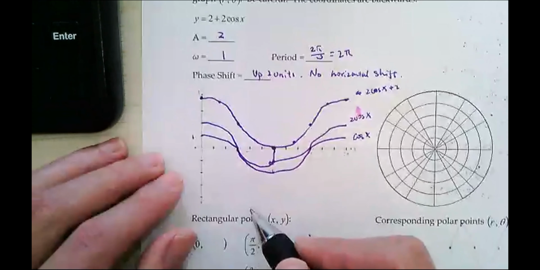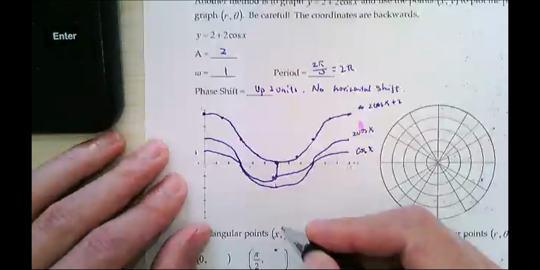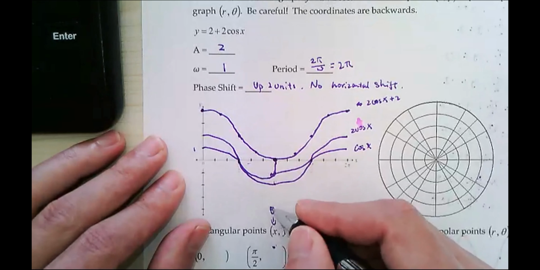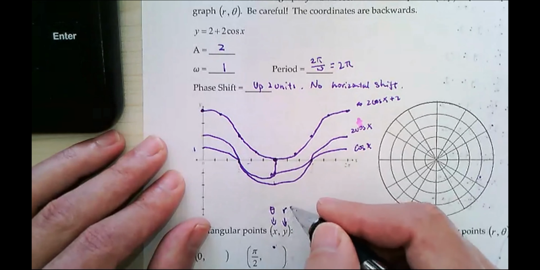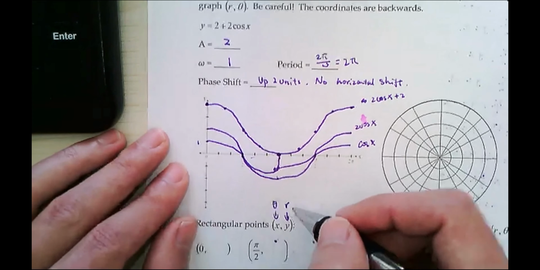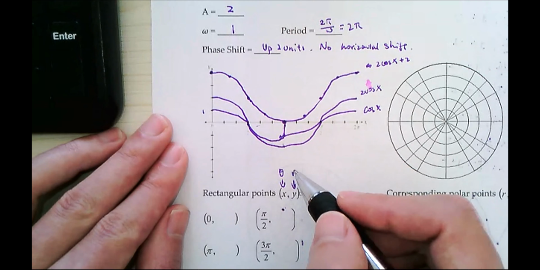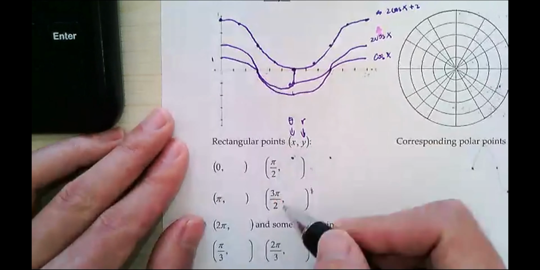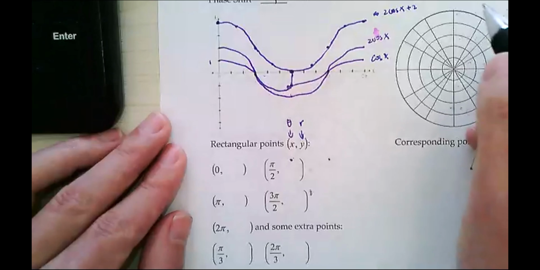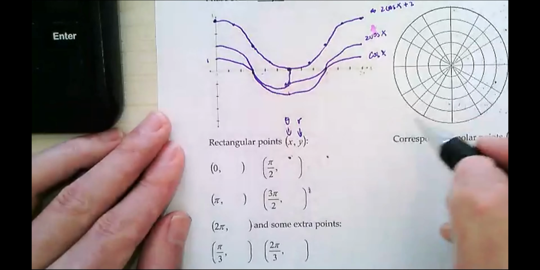However, you know that here, our x is just theta, our y is just the radius. So although they are written in x and y, they're the same thing as written in theta and r. So let's fill in this table and mark the points on these polar coordinates. Then we'll be good.